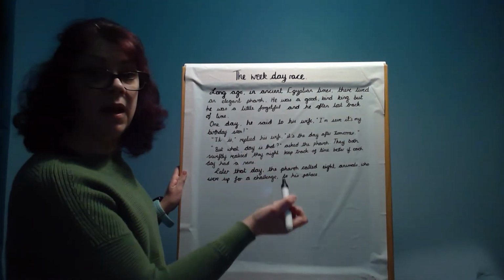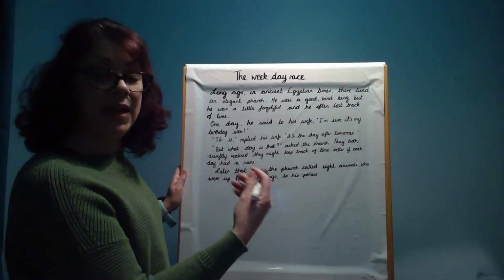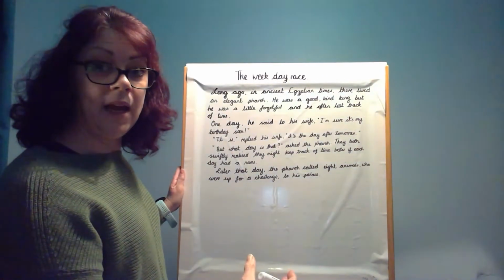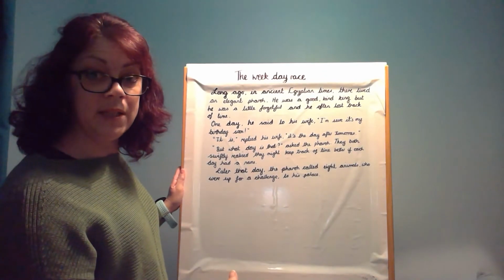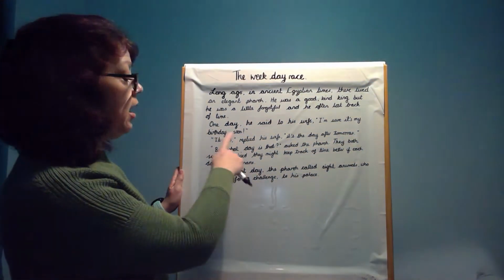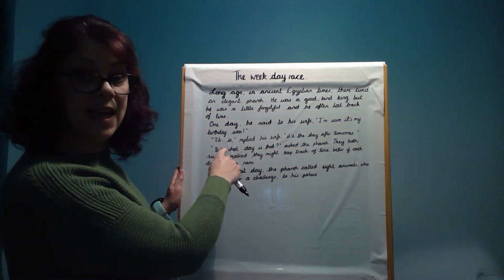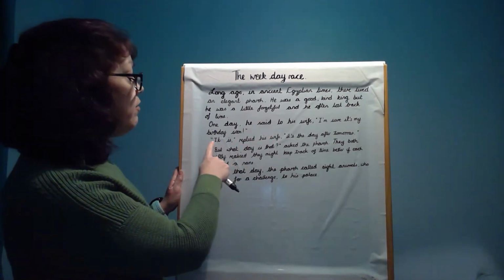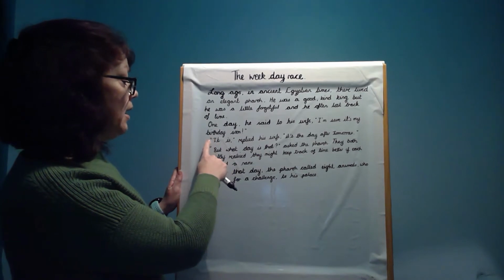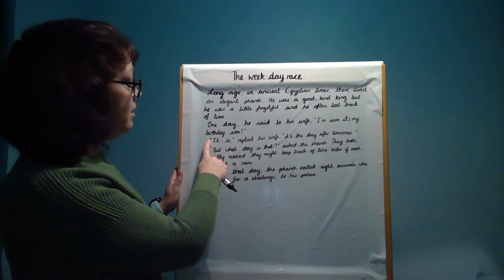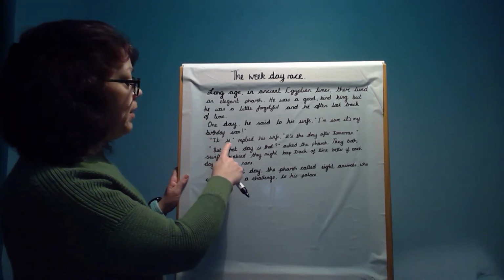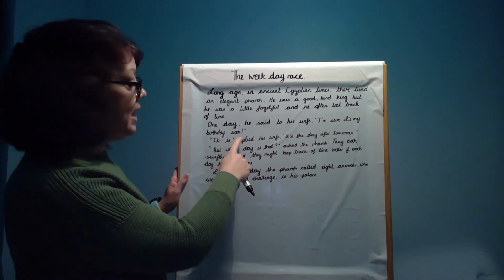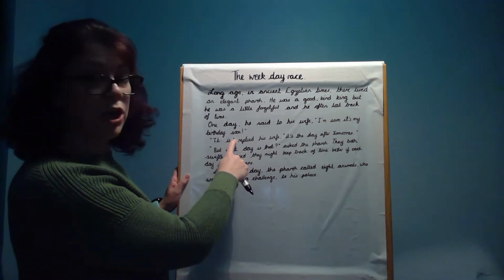And then I've got a new speaker next, and the rule is new speaker, new line. So because his wife is now responding to him, I'm going to put her speech on the next line underneath, even though I haven't got to the end of that sentence. So his wife replies, "It is." And I've got my inverted commas to begin it, my comma at the end of "it is," and then my inverted commas to close it.